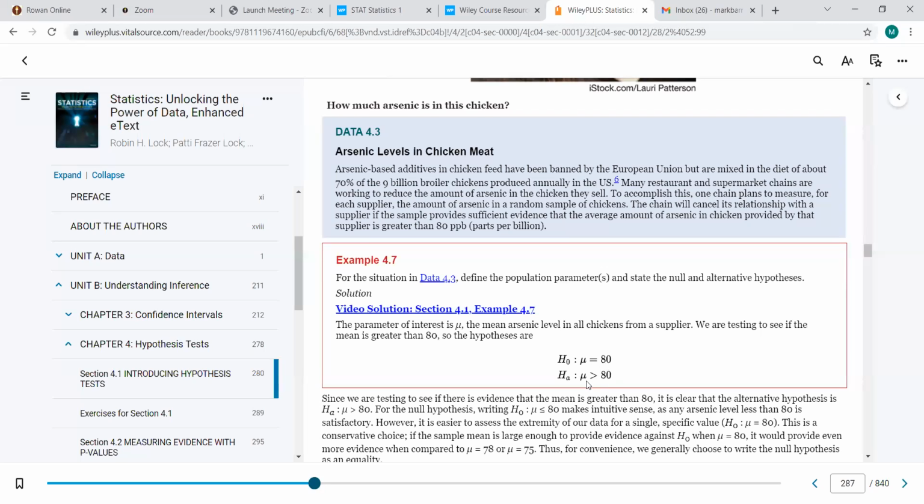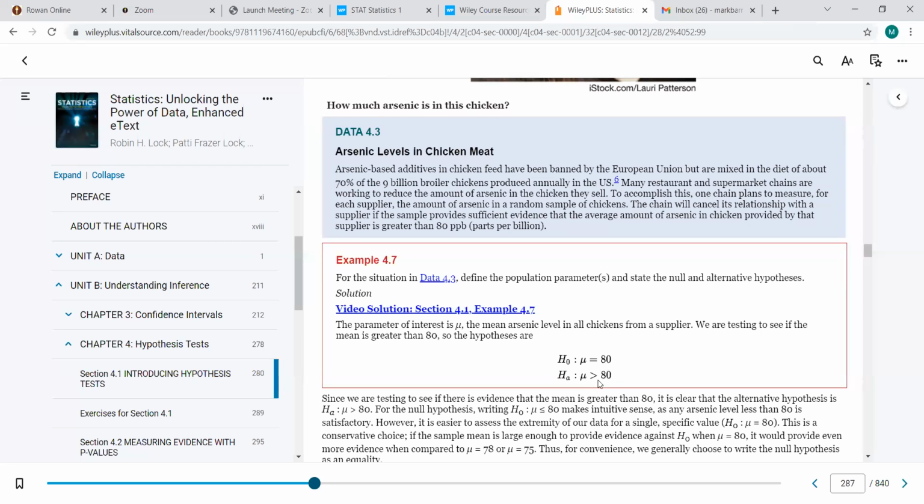Now remember, we are taking a random sample of chickens from that supplier. So it is possible that whatever result we get, it could be greater than 80 for the average amount of that sample of chickens. It's possible that the overall population of chickens that come through from that supplier is less than 80. So we have to do a statistical test, which you'll learn how to do.